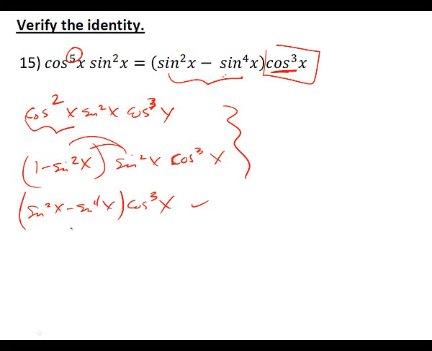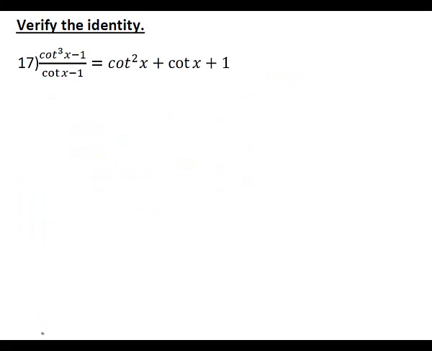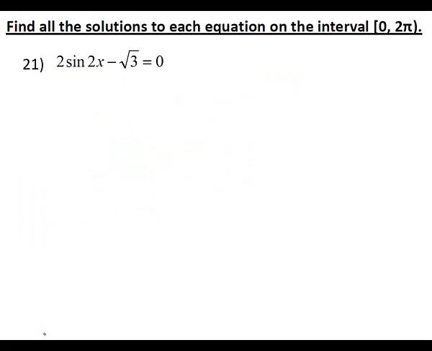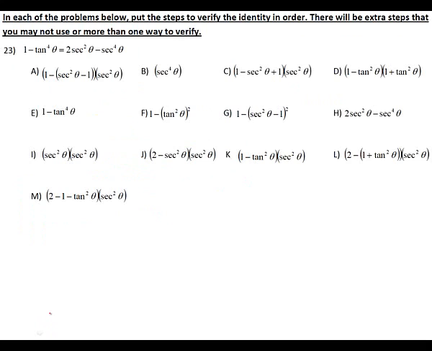All right, Tyler, which one do you want to see? 23. All right. So on this one, there may be more than one way. I think there's only one way to do this one. I think on the other one there were two ways to do it.